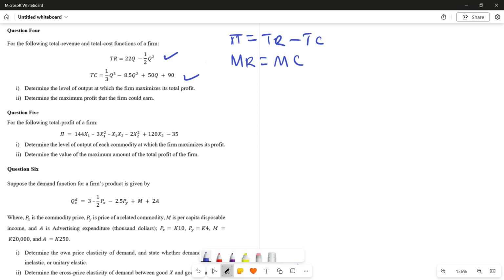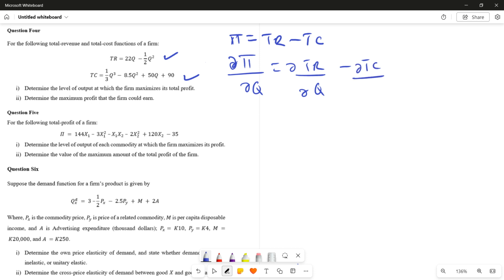In case you're interested in how we reach this conclusion that we have to equate marginal revenue to marginal cost, the analysis is this: if we want to get the marginal profit, it means that we are going to differentiate the total revenue function with respect to Q, and we are also going to differentiate the total cost function with respect to Q. Since we have differentiated the profit function, this should be equal to 0.